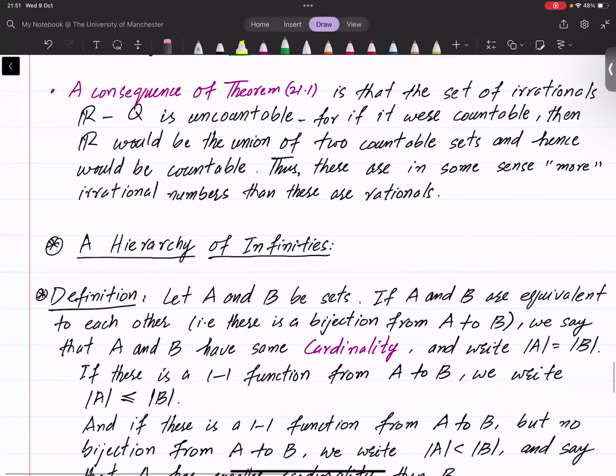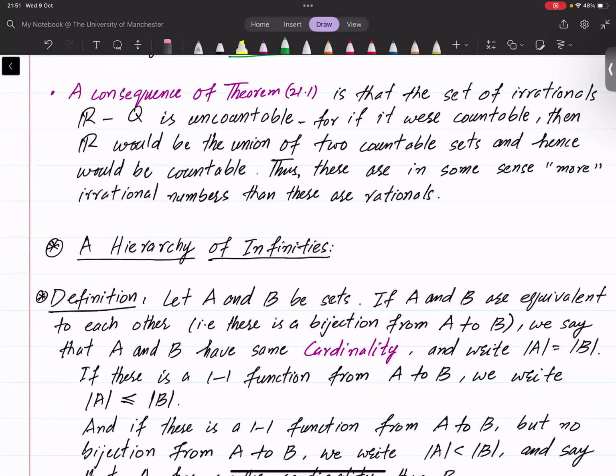Now, the consequence of this theorem is so nice. It says that the set of irrationals, which is R minus Q, is uncountable.